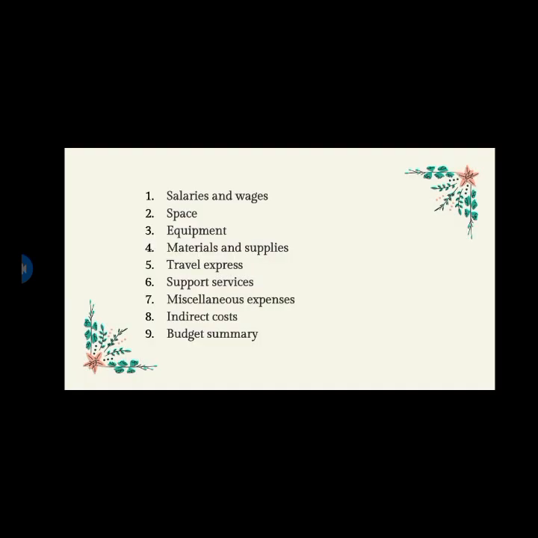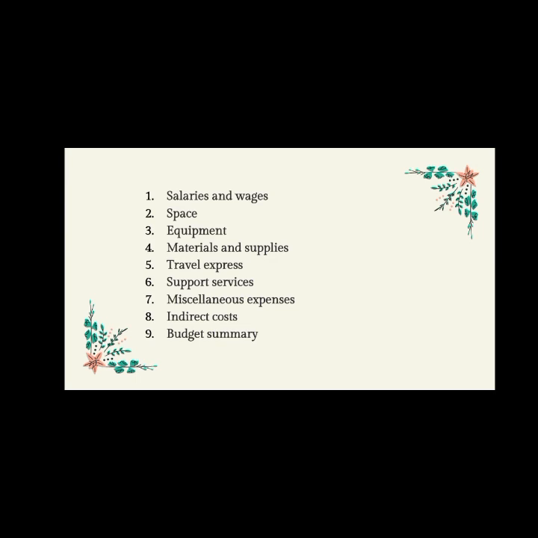First, salaries and wages. Personnel costs are determined essentially by translating the time and staffing into appropriate salaries and wages. Usually included here are the fringe benefits, if paid, and the cost of any contractual services such as consultants' fees. Second, space.